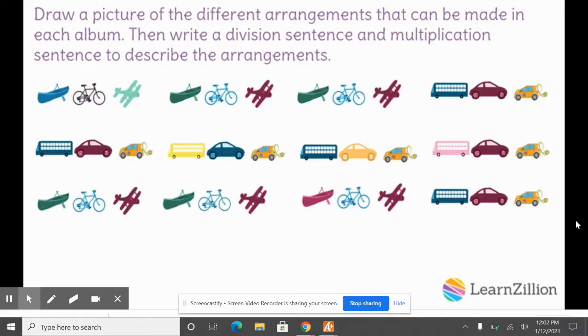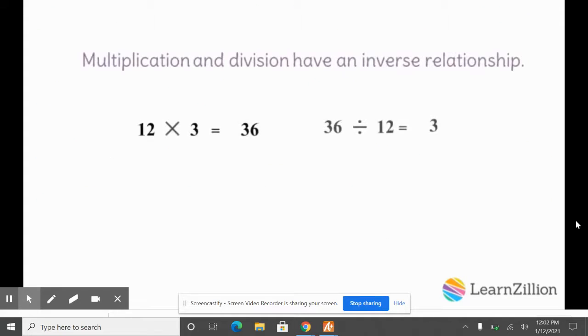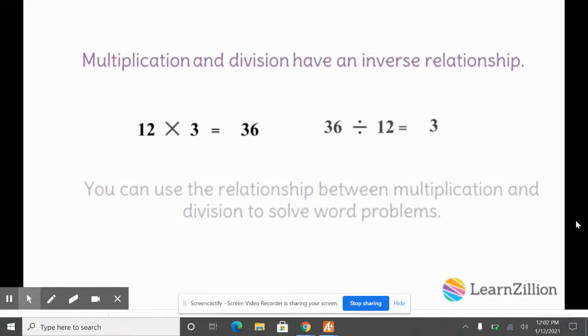The multiplication equation that represents this solution is 12 times 3 equals 36. The division equation that represents this solution is 36 divided by 12 equals 3. Can you think of any other solutions that we can make in this problem? Multiplication and division have an inverse relationship. You can use the relationship between multiplication and division to solve problems.